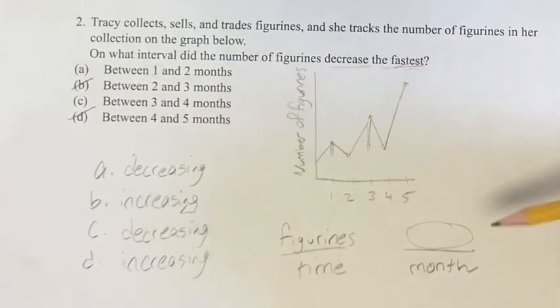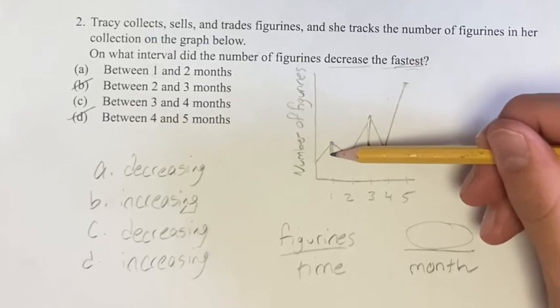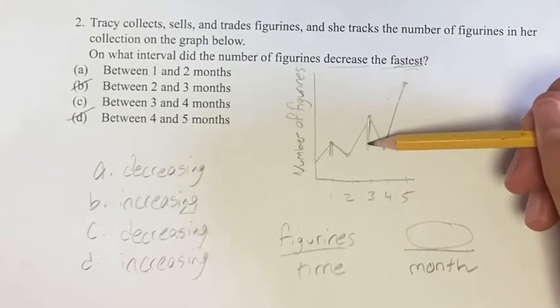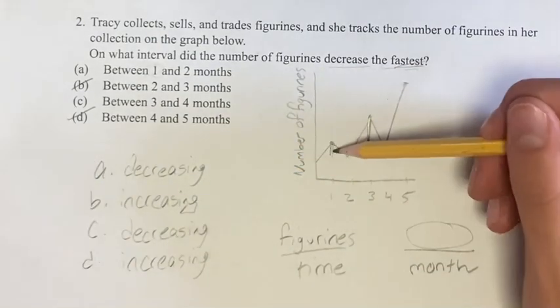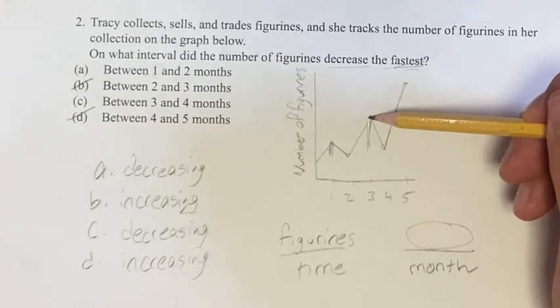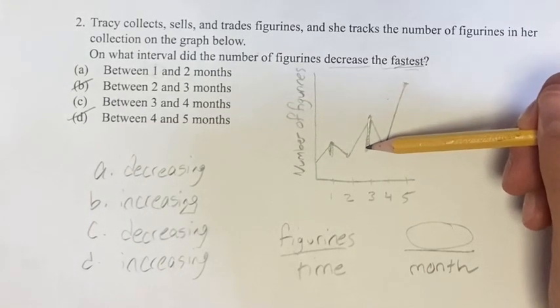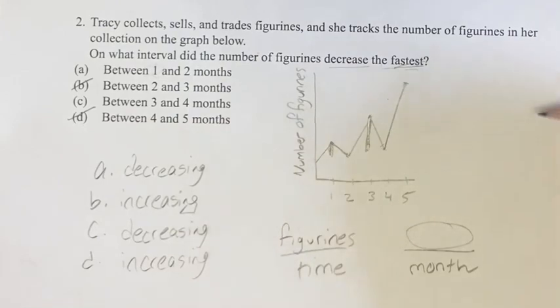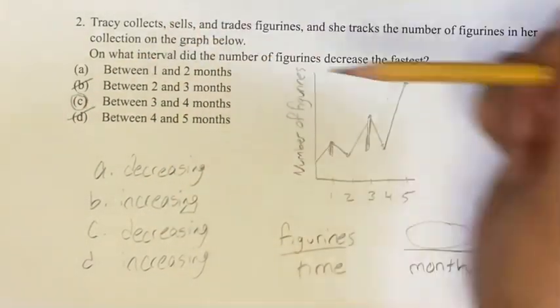And the fastest is going to have the largest change. And if we look at the lengths of these line segments, we can see that this one, for 3 to 4, is much larger than 1 to 2. Therefore, there is a greater decrease from 3 to 4. And therefore, over the month period, it decreased the fastest. Therefore, C is going to be your final answer.